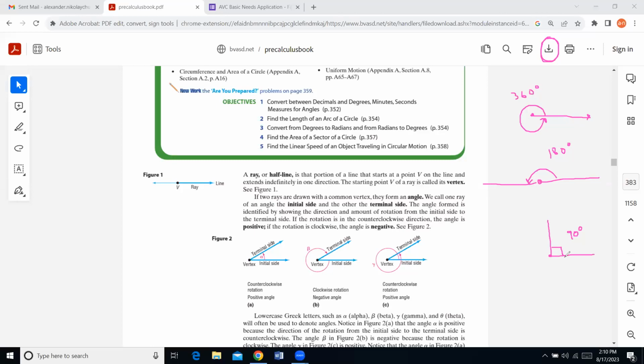And there are various other angles with respect to this that you can produce. The most popular ones that we're going to be working with are one third of 90, which is 30 degrees, or twice that, which will be 60 degrees, and so forth.